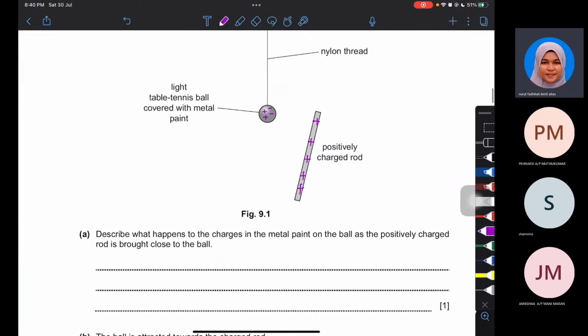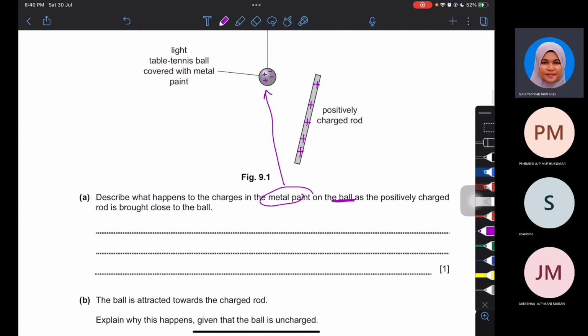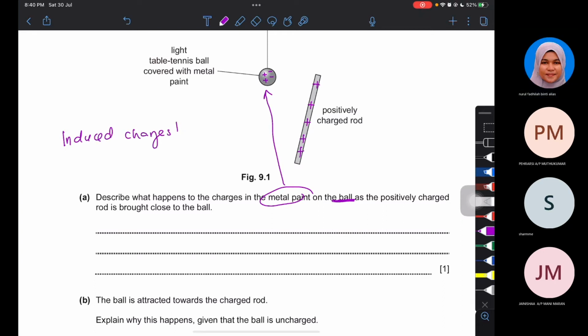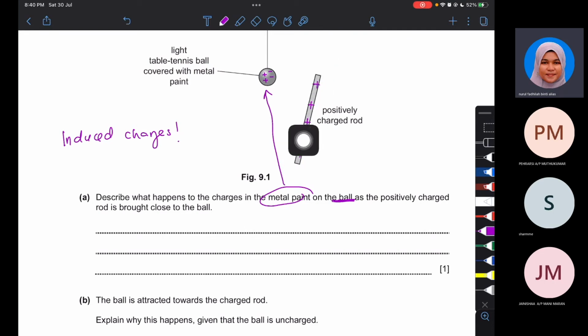Now, describe what happens to the charges in the metal pins. Where are the metal pins? On the ball, this one. As the positively charged rod is brought close to the ball, induced charges occur. This is positive, right? So which will be attracted to this rod, the negative charge of the ball or the positive charge in the ball?